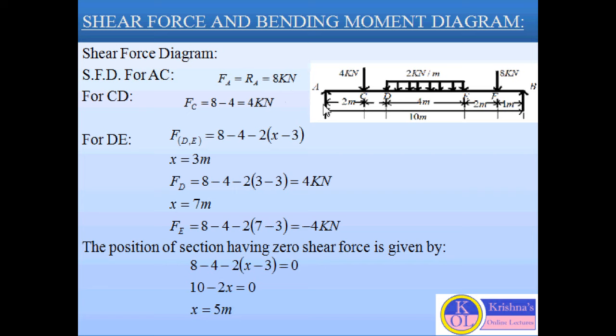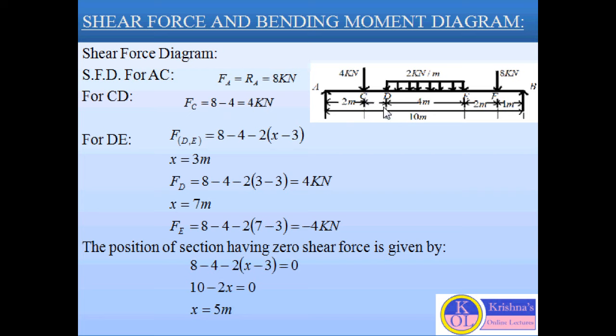You can see here the value of RA is 8 kilonewton. Now at point C, for CD, the value of shear force will be 8 minus 4, that is equal to 4 kilonewton. This is the value of shear force at point C.